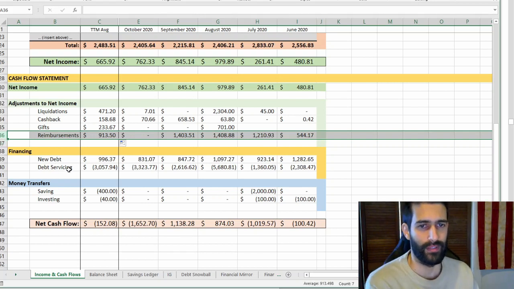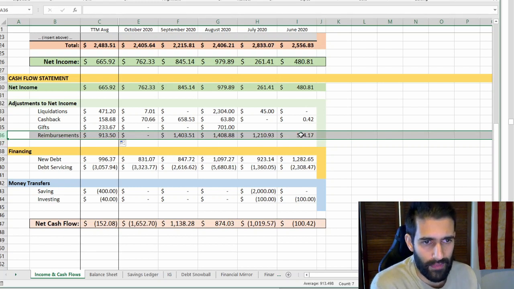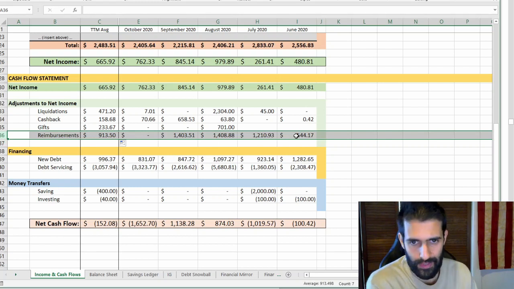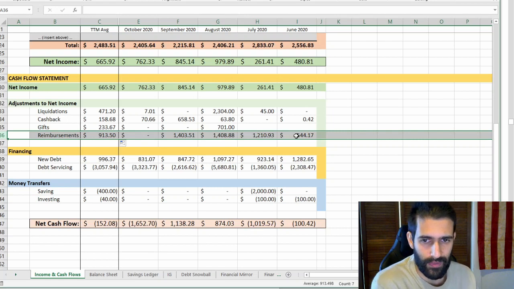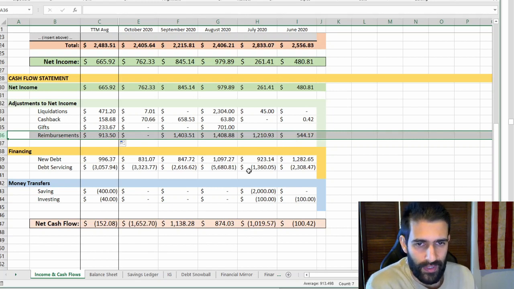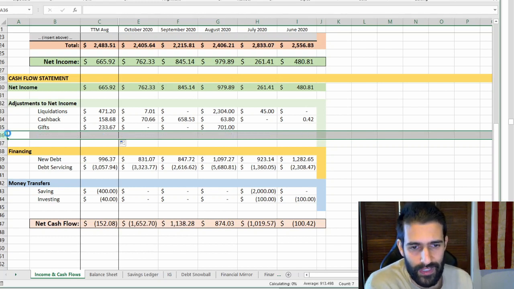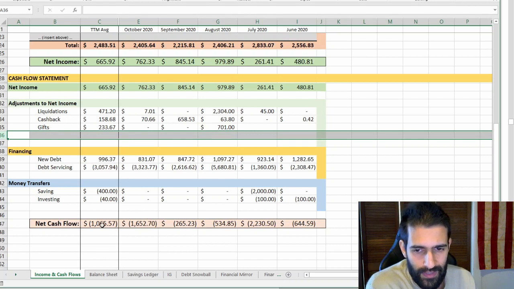So I went back to the past couple of months and put in the reimbursement, whatever it is. So it adjusted my net cash flow for the last couple of months. Now it actually makes a little bit more sense, because before it was very negative, and if we take out this whole line here, net cash flow per month is like a negative $1,000, and that didn't really make sense to me.